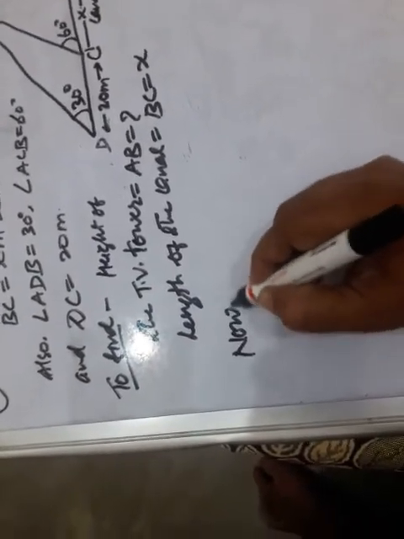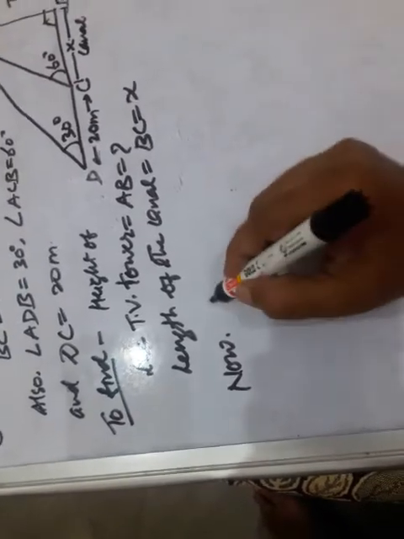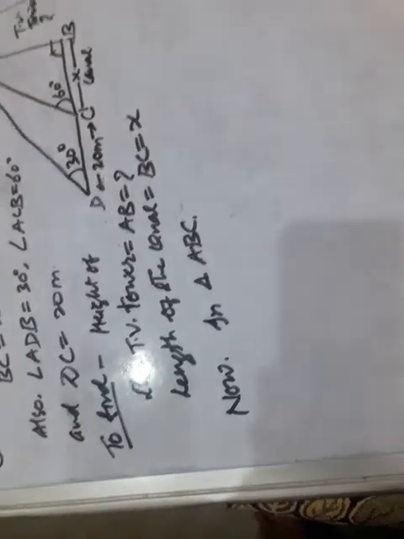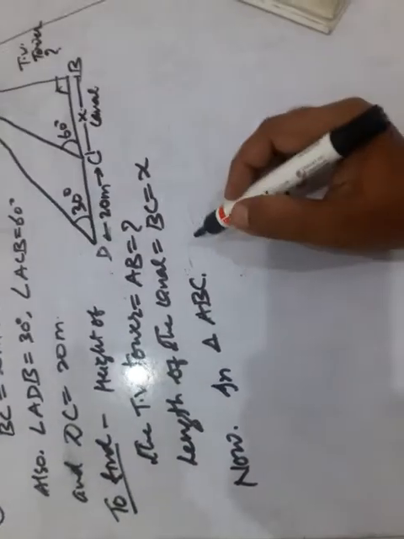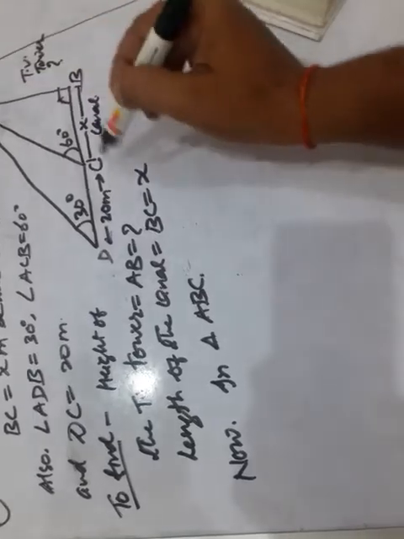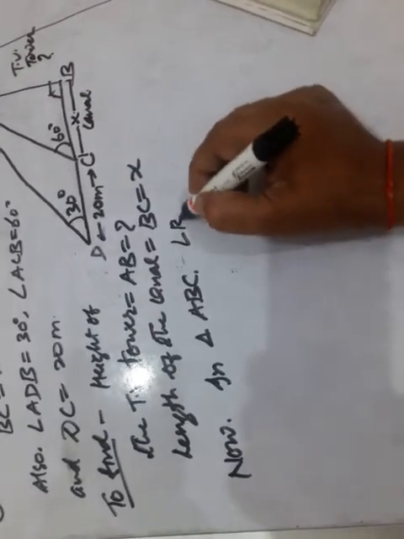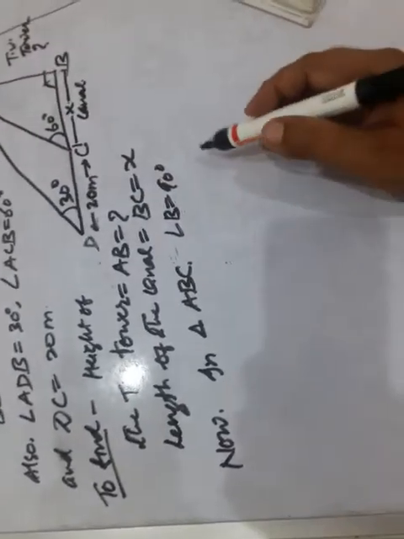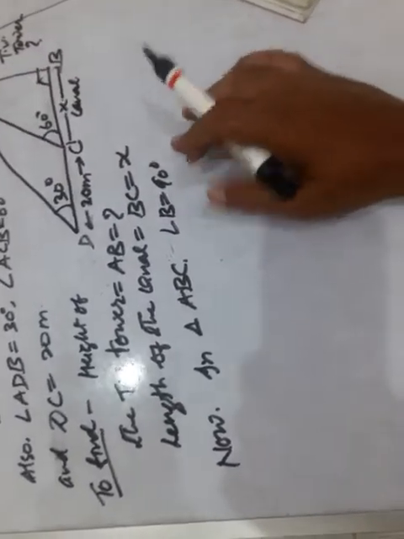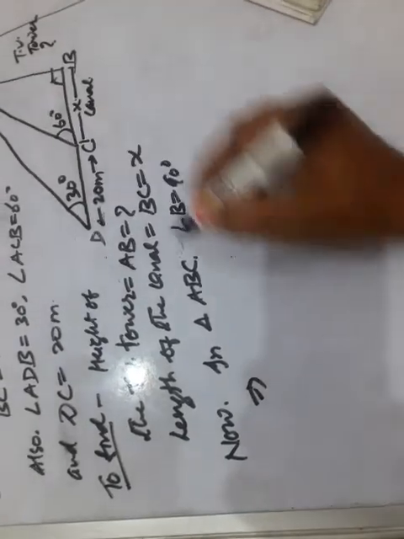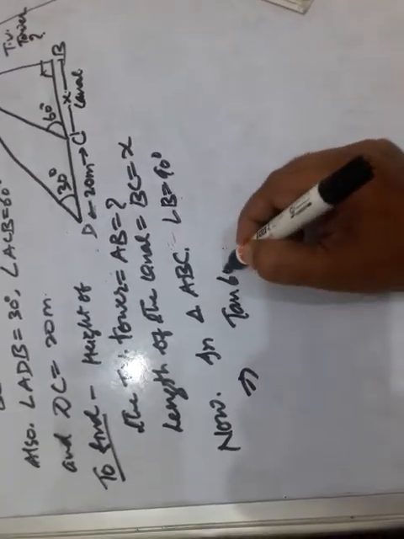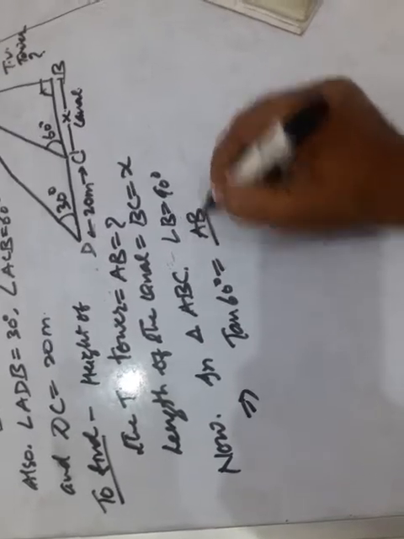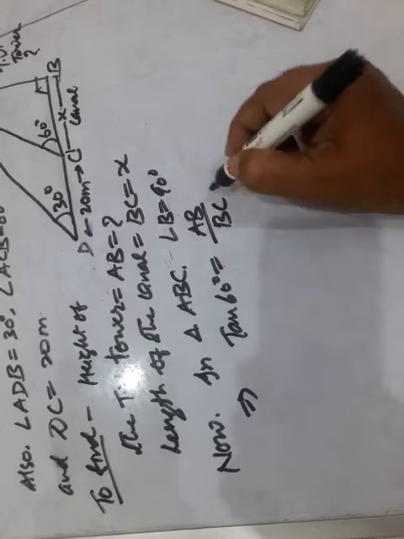Now in triangle ABC, angle B equal to 90 degree. You can take any triangle, either the smaller or the bigger triangle. Here the acute angle is 60, so tan 60 degree equal to perpendicular upon base, that is AB upon BC.